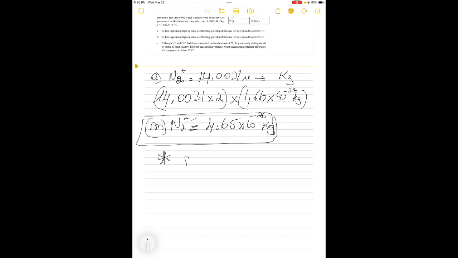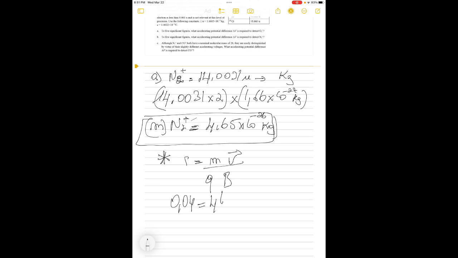The second step, we're going to use the cyclotron formula to find the speed. The radius is equal to mass multiplied by the speed, divided by the charge multiplied by the field strength. In this problem, the distance between the entry and the exit is 0.08, so the radius is 0.04.